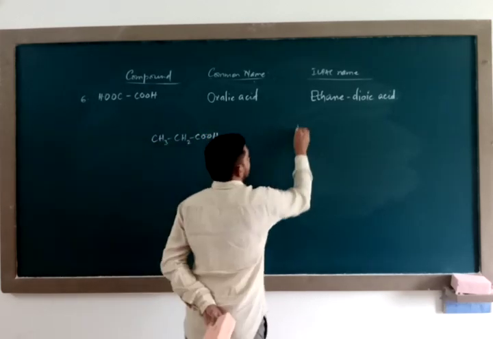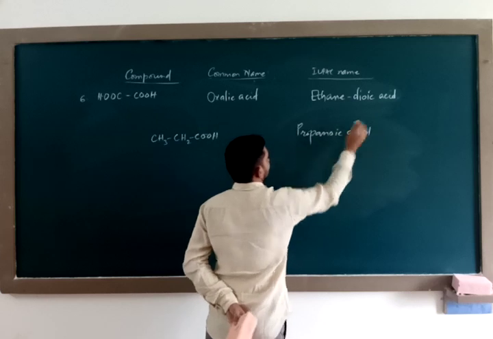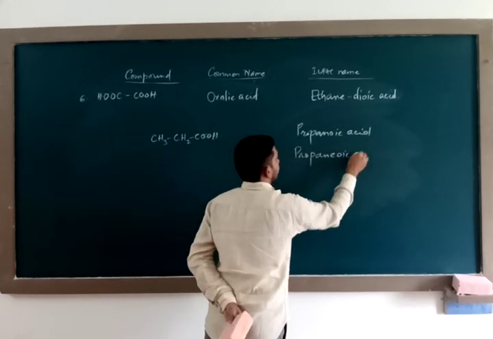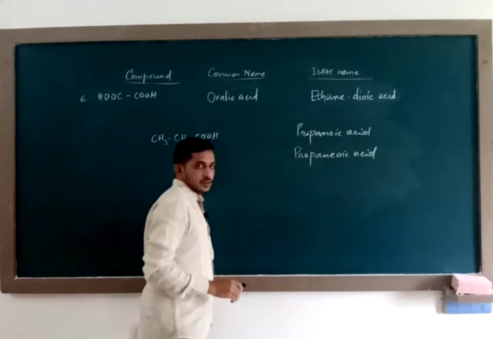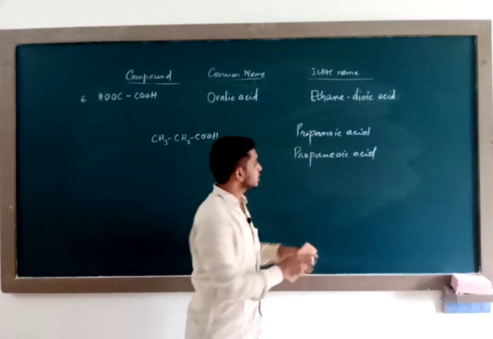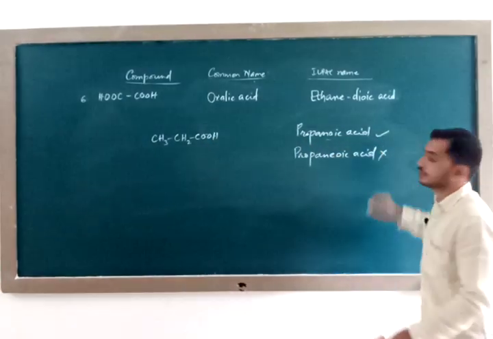You may ask, sir, in the last example you wrote the name as propanoic acid. Why didn't you write it that way here? Here you have written ethane dioic acid. Here you did not write the E. This is the wrong name, this is the correct name.